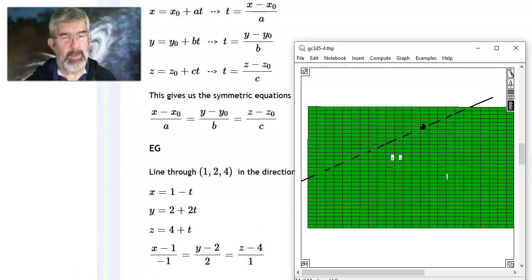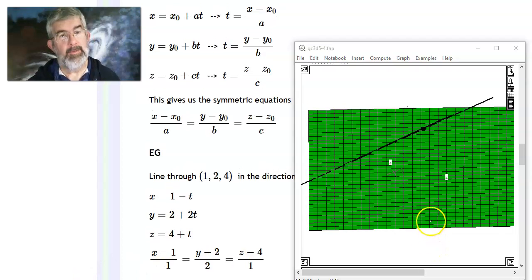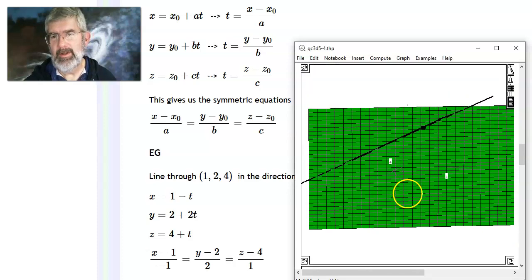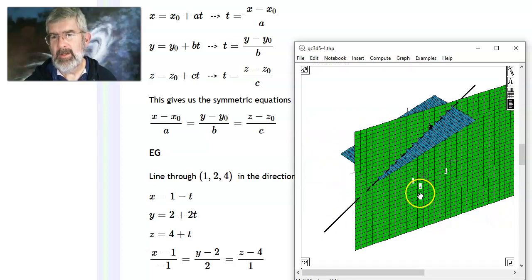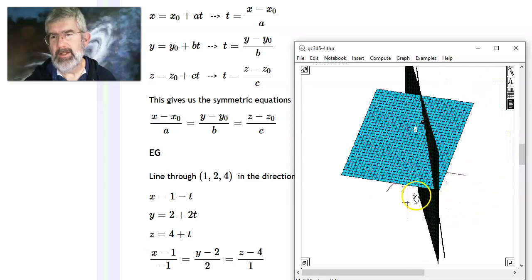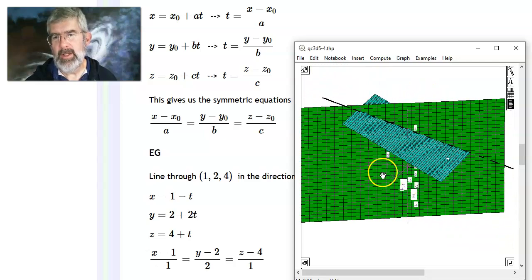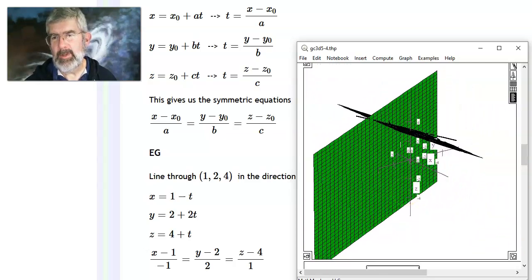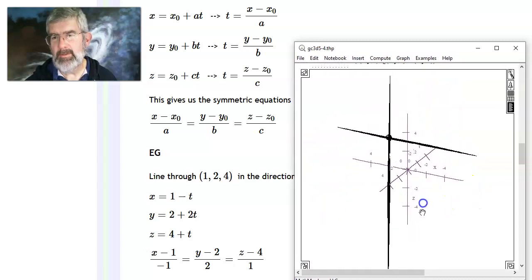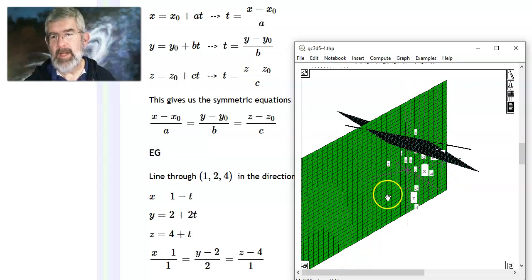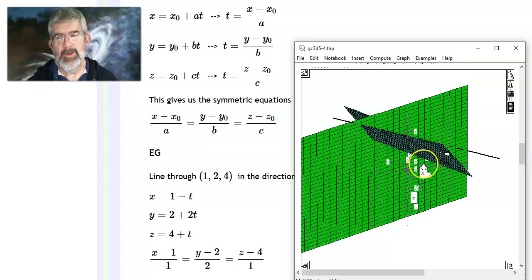But we can now turn that into a plane by letting x be anything it wants, and we have another plane that is now parallel to the x-axis. It also contains the line that we're interested in. So the green plane, which is this first equation, and the blue plane, which is this second equation, intersect in the line that we want.